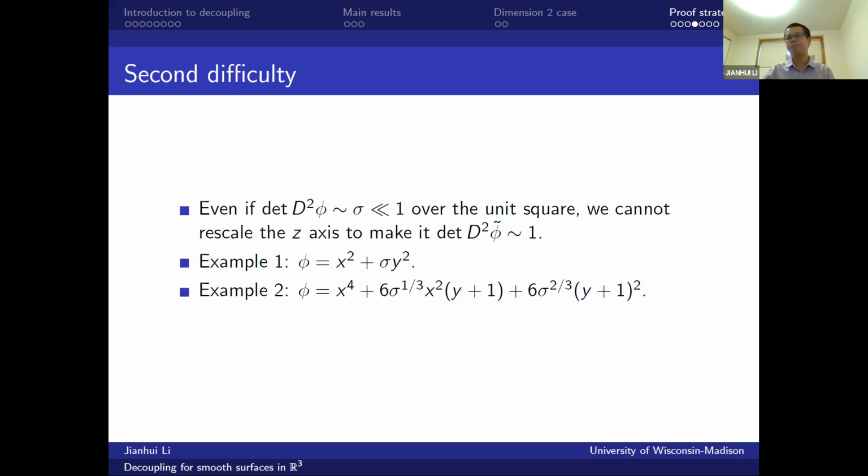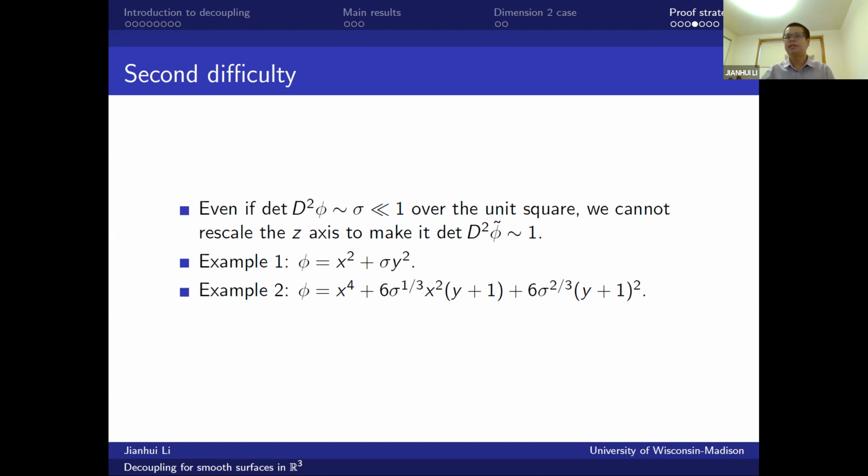In the first example, there are two directions, right? In one direction, the eigenvalue is 1. In the other direction it is always sigma. And so you can't just divide by sigma or something similar to sigma, because by dividing, the phi is no longer a bounded function. Okay, it could be bad. You can't just divide it. So this is the second difficulty we are encountering.